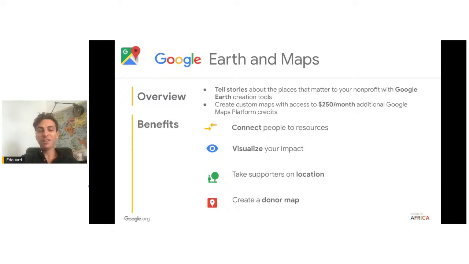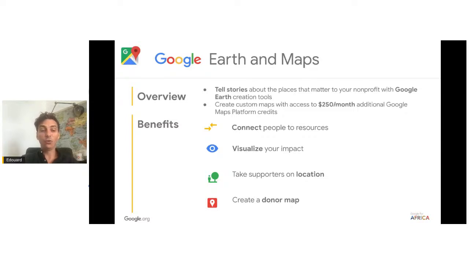Google Earth and Maps is probably not as well known as a part of Google for Nonprofits, but it's also a great way to tell stories about your organization, your missions, and your projects. You can actually show the places that matter to your nonprofit with Google Earth creation tools.